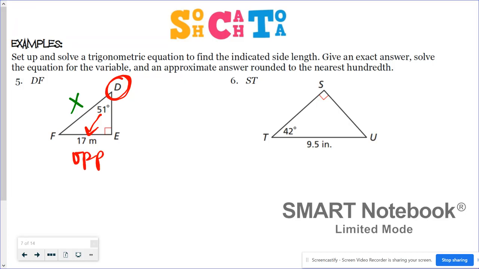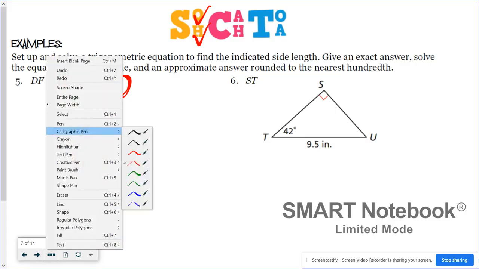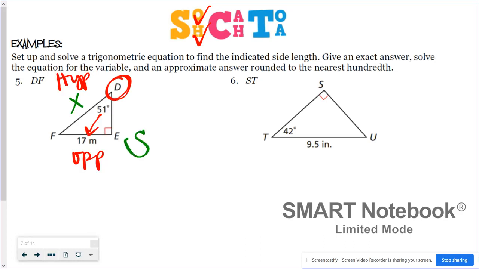What do I want to know? I want to know the hypotenuse. How can I find it? Well, sine uses the opposite and the hypotenuse. So clearly, I want to write a sine equation here. So I'm going to say that sine of my angle is equal to the opposite over the hypotenuse.